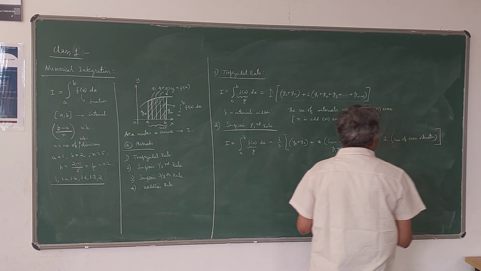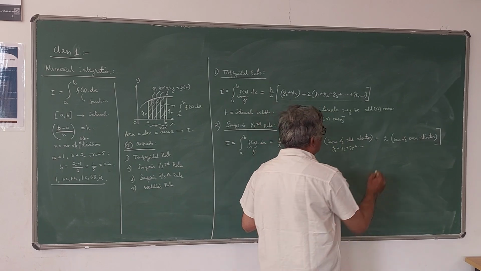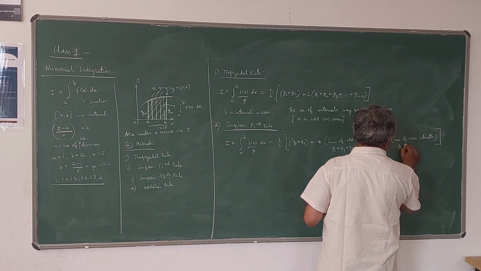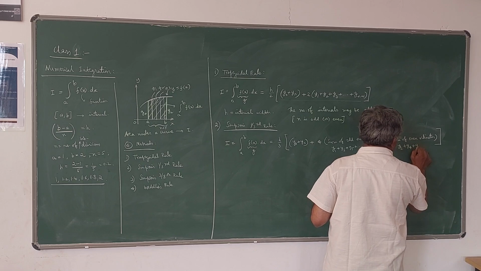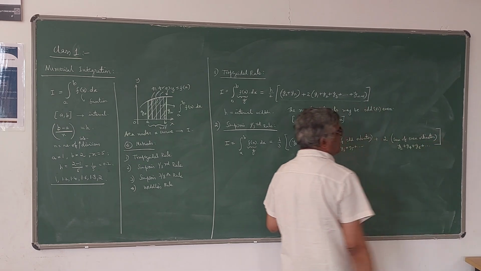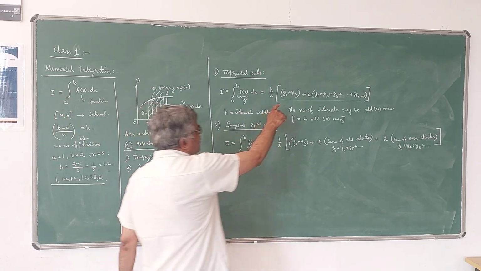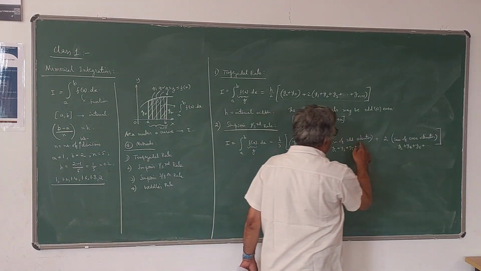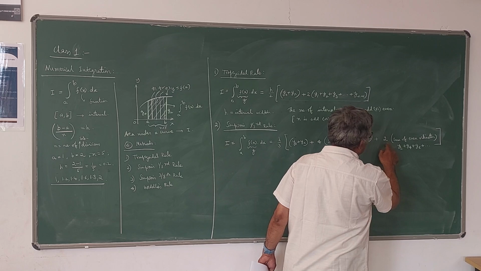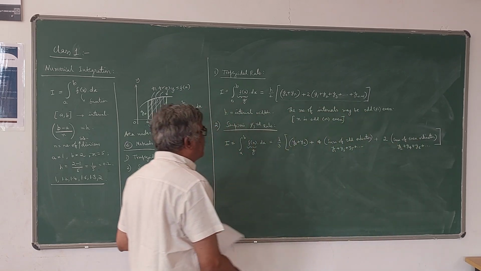What are the even ordinates? Even ordinates are y2 plus y4 plus y6. So there is a change here. The first two terms are the same: 4 times the sum of odd ordinates plus 2 times the sum of even ordinates.